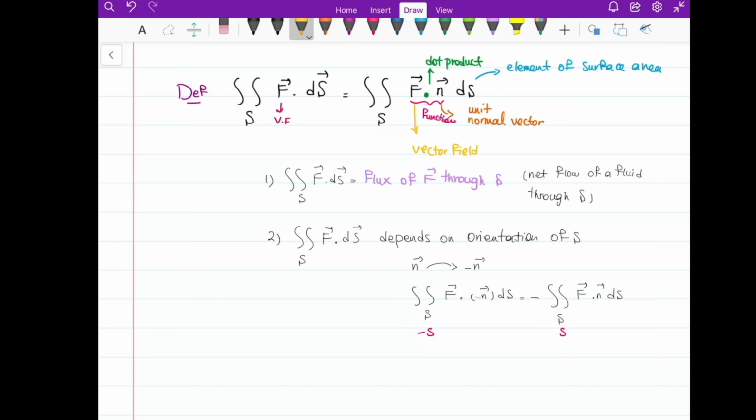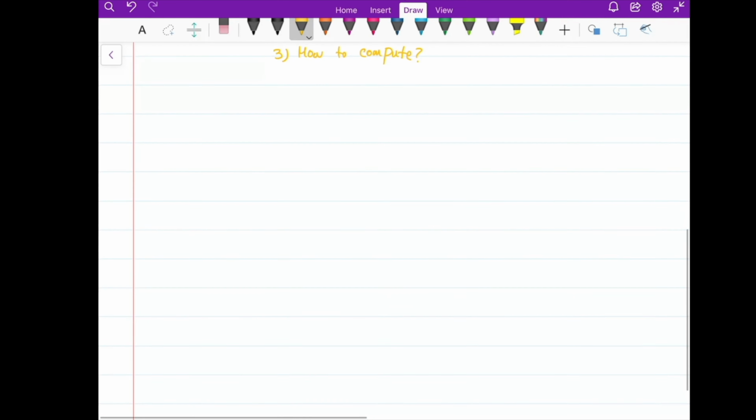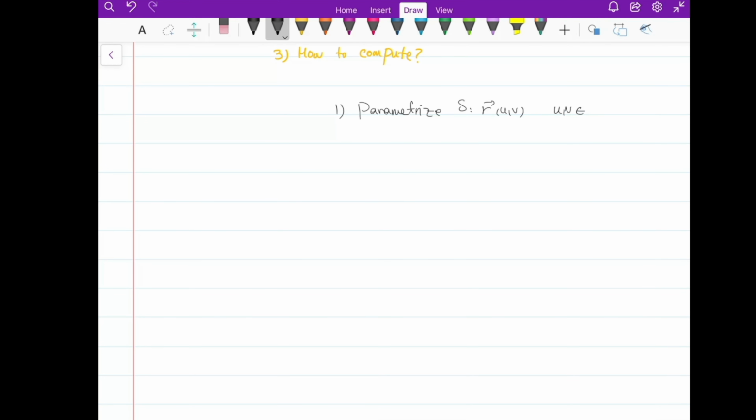And then the third note is how to compute that. Well, the first thing is, as usual, we need to parameterize the surface S. I'm going to use two parameters, u and v, and then I say u and v, they live in a region D, which is a region in R2.